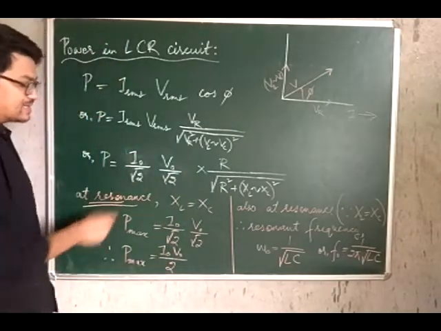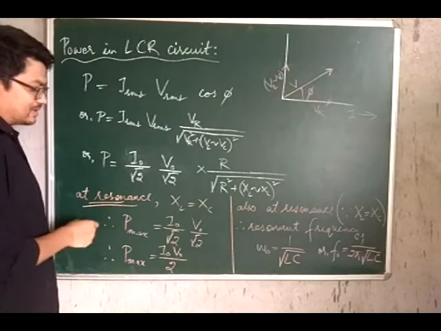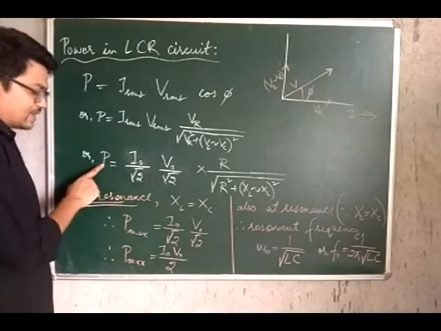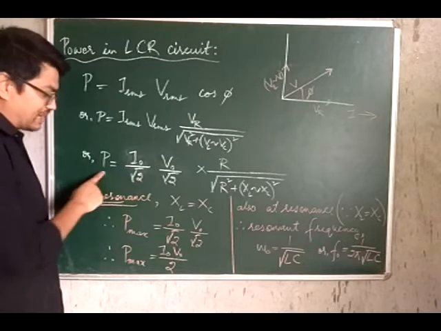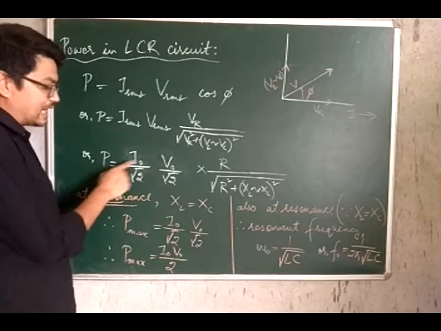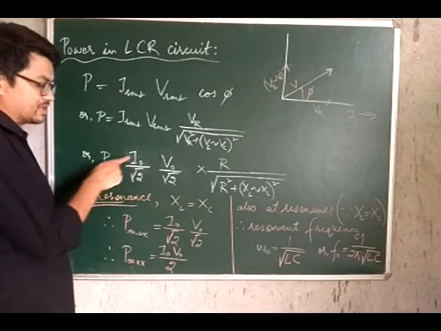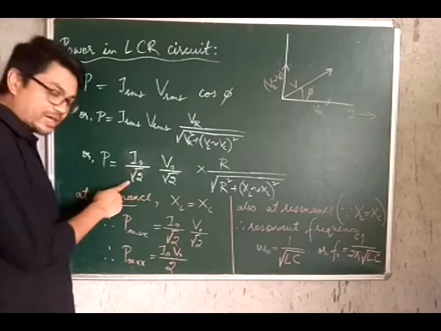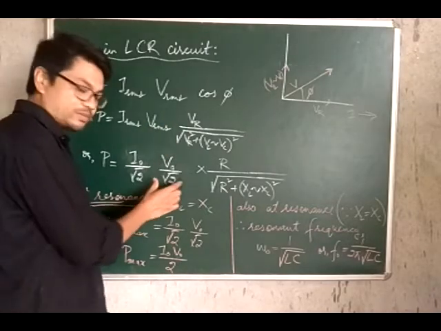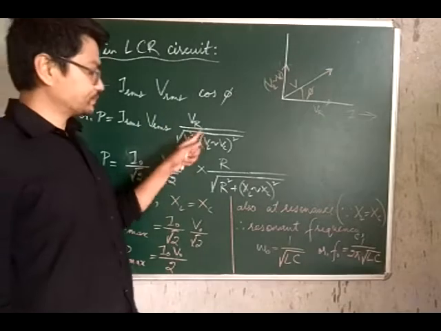So the average power, or simply the power, can be rewritten as I naught by root 2, because I_RMS is the peak value of current divided by root 2, don't forget. Likewise V_RMS is V naught by root 2, into cos phi.